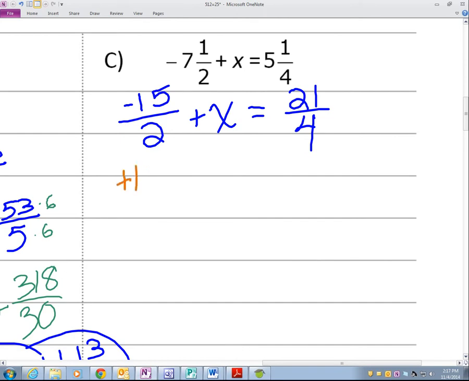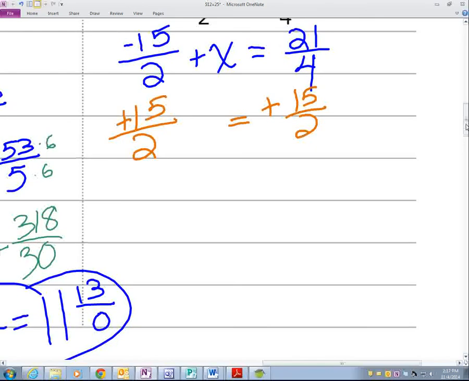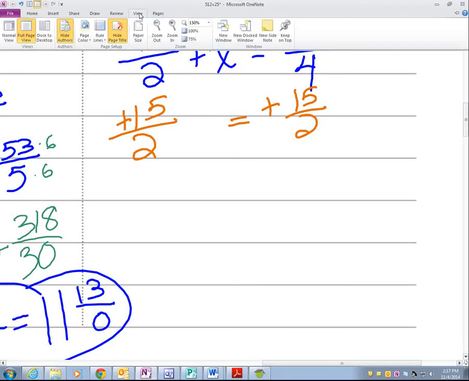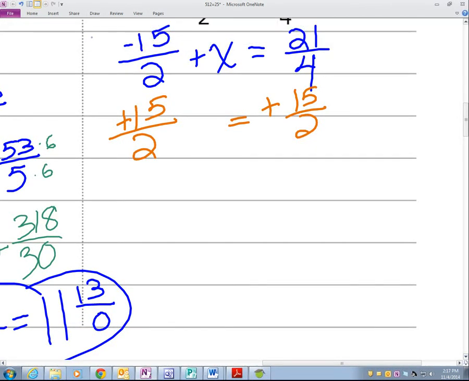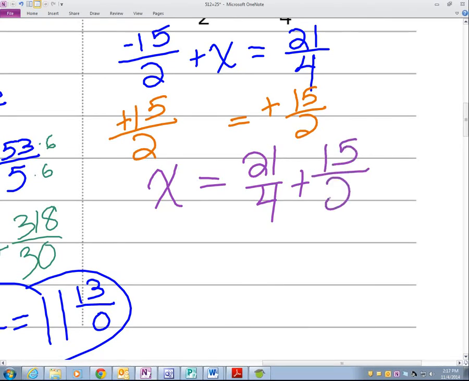Plus 15/2. That'll get x by itself. Plus 15/2. Now I have x by itself, where it likes to be asocial. Plus 15/2.